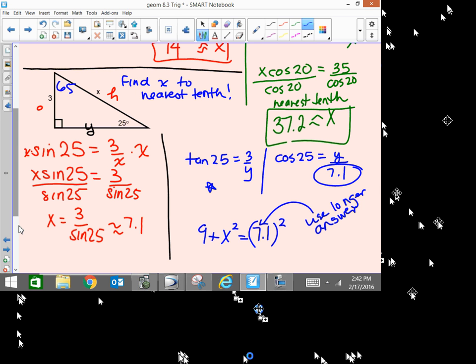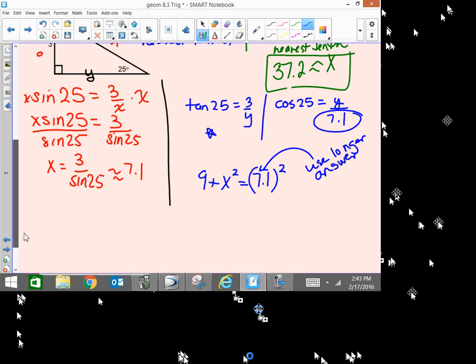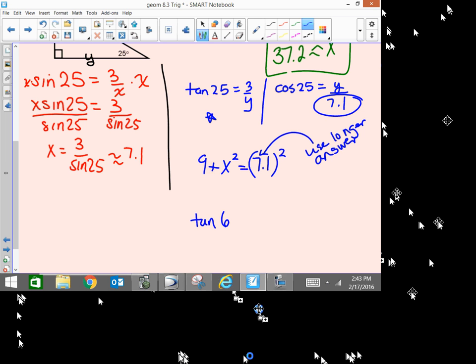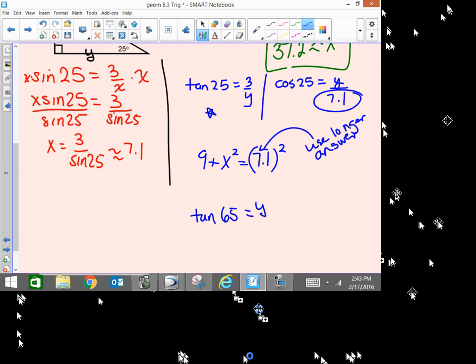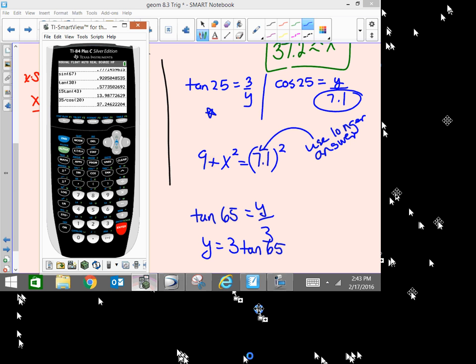So what would be y and 3 that we'd use? Which function would that be, Emma? Tangent. So let's do it. Tangent of 65 equals y over 3. Look how nice that's going to be, because y is going to be 3 times tangent of 65. 3 times tangent of 65, there's your 6.4 again.